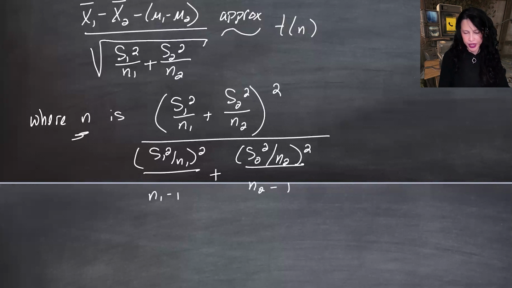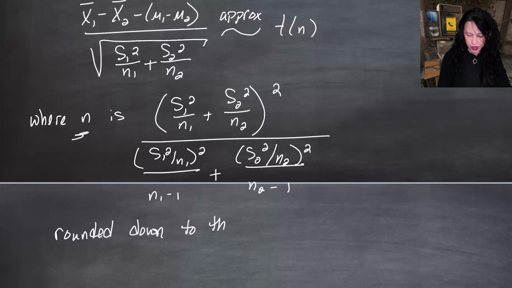And n should be an integer, and this is not going to be an integer. So you want to round it, and you want to round it down to the nearest integer.